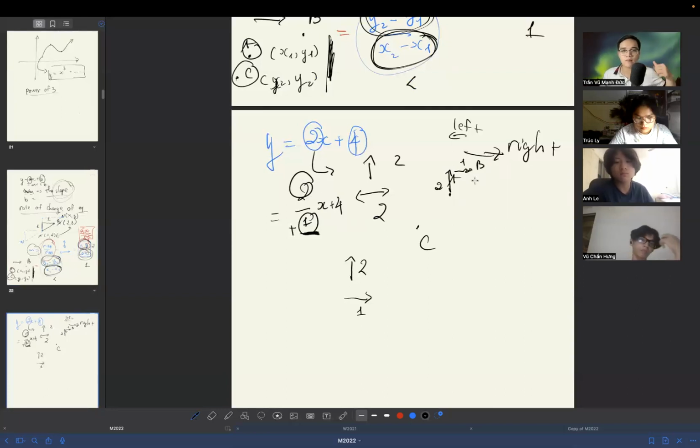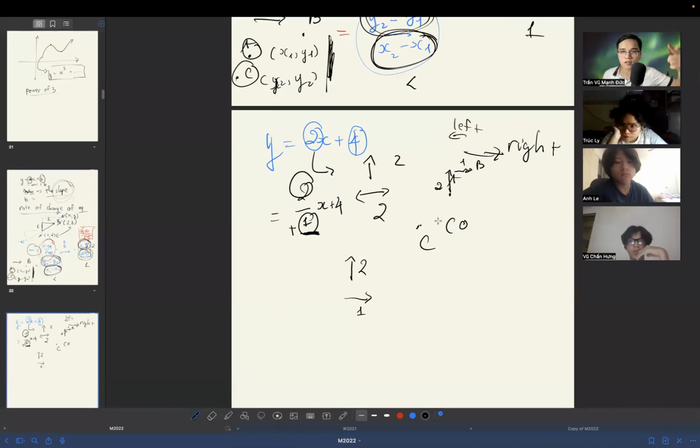But what if I am to assess the C point, and C has the coordinate of x of, say, 0? You think that if C is 0, the slope would change, right? But let's see. The slope will never change, because the positive or negative notation will cancel out on the denominator and the numerator.